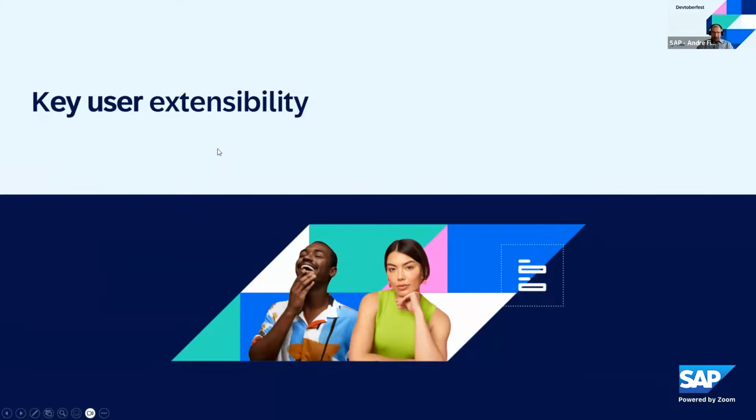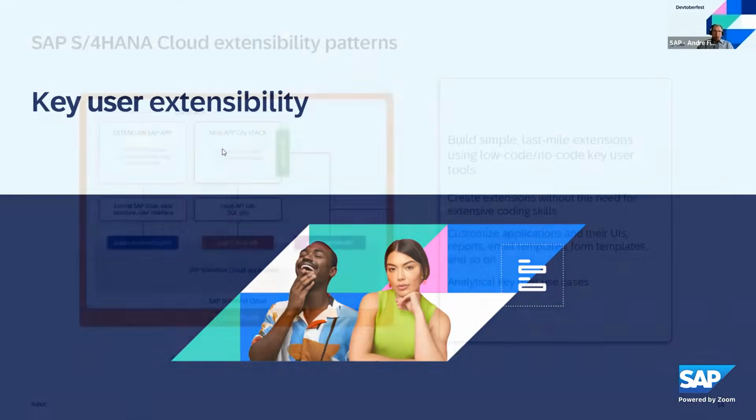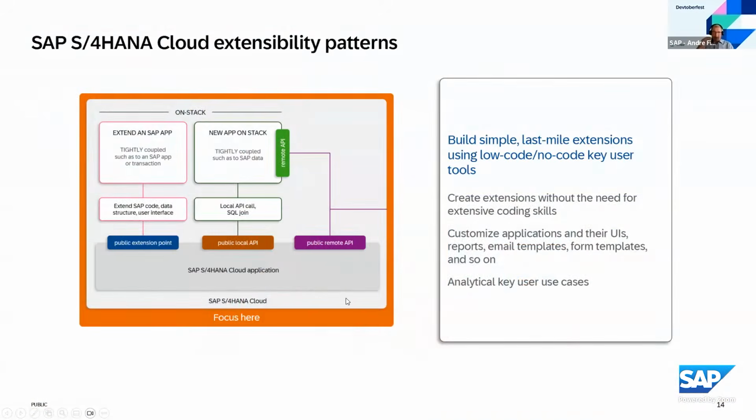So the topic is key user extensibility. If we look at the picture that Karine has shown to you, the key user extensibility is something that is on stack and in the app. So we are running here, it's not side by side.